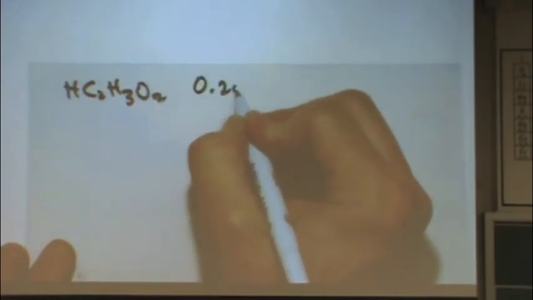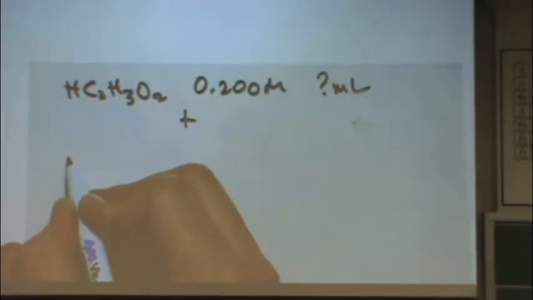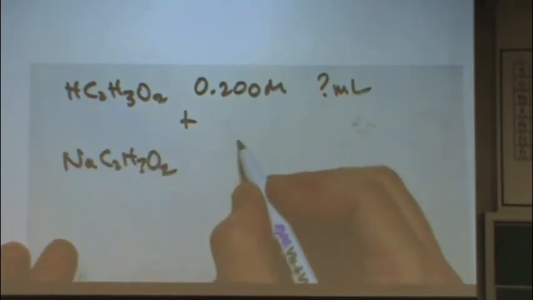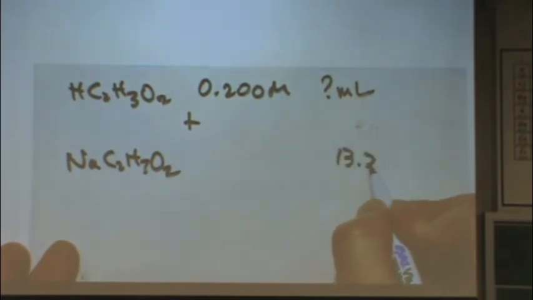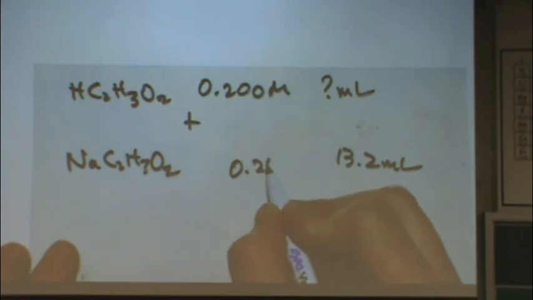We have 0.200 molar acetic acid, and I don't know the volume, so many milliliters, and that's mixed with sodium acetate, which is 13.2 milliliters and 0.200 molar.